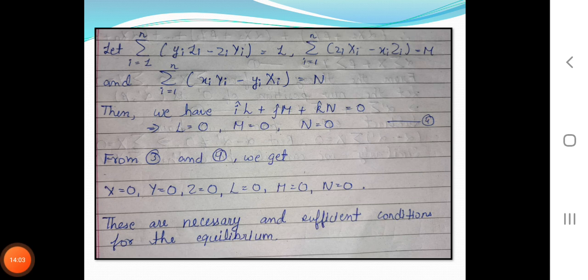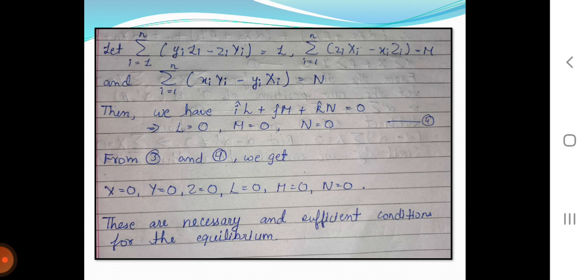Now we will suppose summation i equals 1 till n of small yi capital Zi minus small zi capital Yi is equal to L, and summation i equals 1 to n of small zi capital Xi minus small xi capital Zi is equal to M, and respectively summation i equals 1 till n of small xi capital Yi minus small yi capital Xi is equal to N. Then we have i cap L plus j cap M plus k cap N is equal to 0.